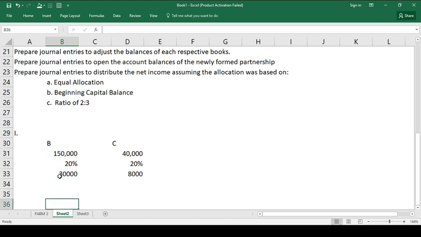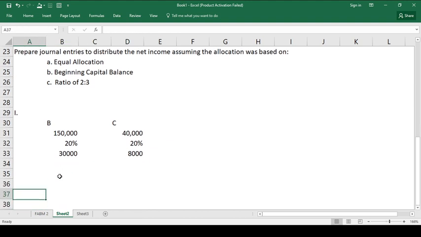To adjust the balances of B and C, this is what we will do for the first adjustment. Since this is a doubtful account subject to write-off, we immediately affect the capital account, because the adjustment should go directly there. The target of the adjustment here is to change the capital balances as well.